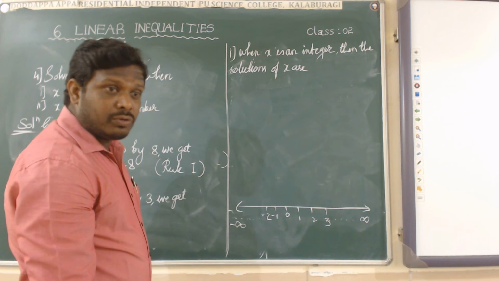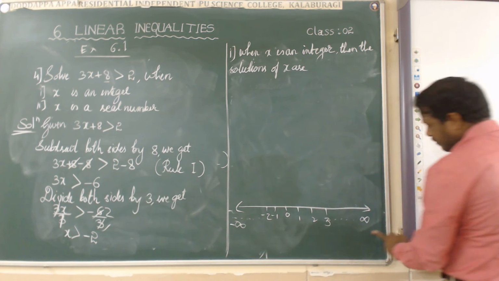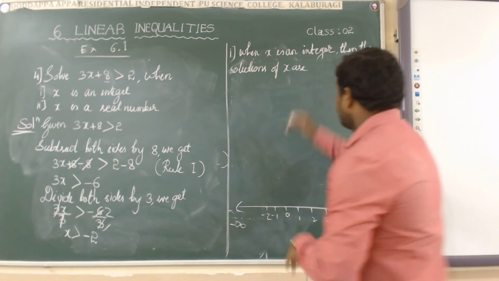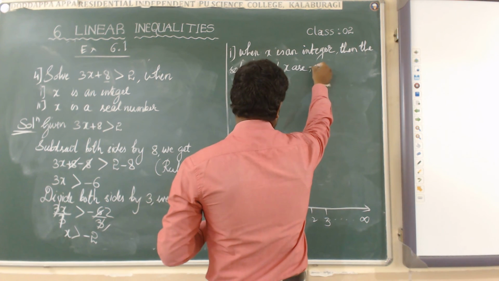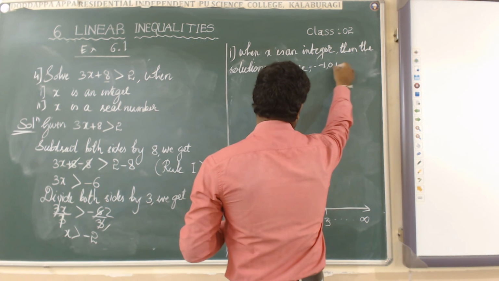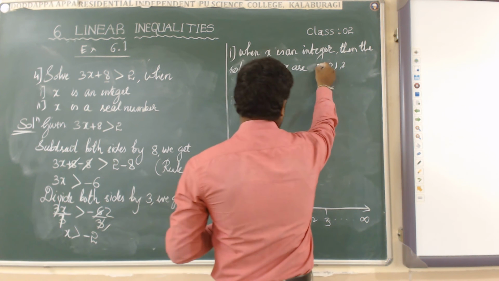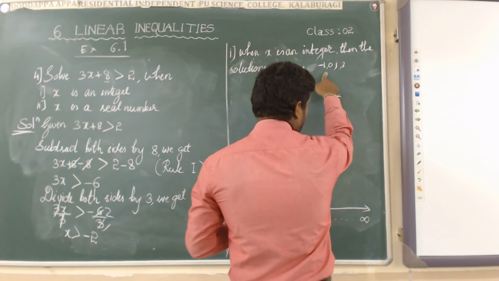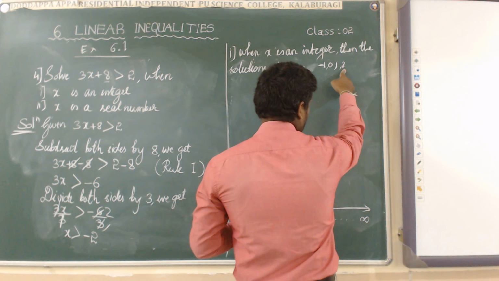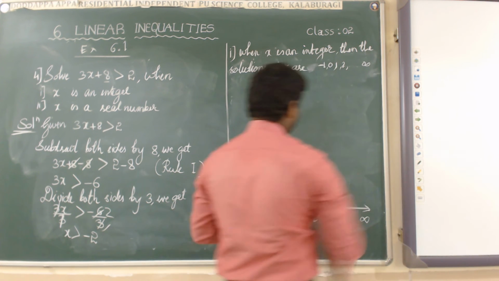That's why we have to write from -1 to infinity: -1, 0, 1, 2, and so on to infinity.